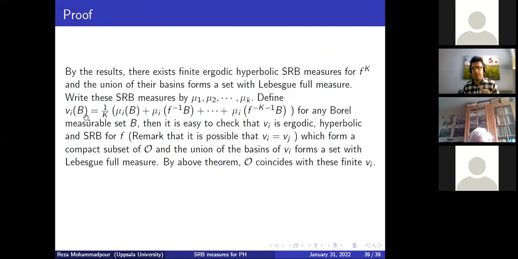Now we define a new measure, which is a form of empirical probability: nu_i equals 1 over k times the sum of mu_i, f mu_i, and so on up to f^(k-1) mu_i, for any Borel probability measure. It is obvious that nu_i is ergodic, hyperbolic, and SRB. But as I wrote, it forms a compact set in O, and the union of the basins of the nu_i forms a set of Lebesgue full measure. But by Catsigeras and Enrich, O is the smallest. So O coincides with this finite set of nu_i.